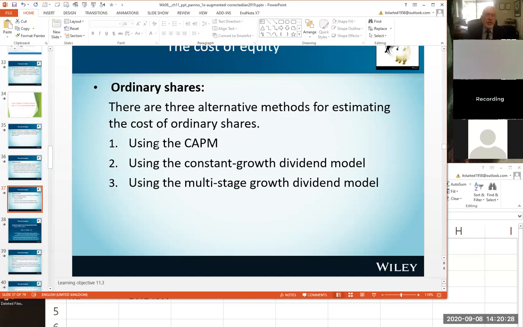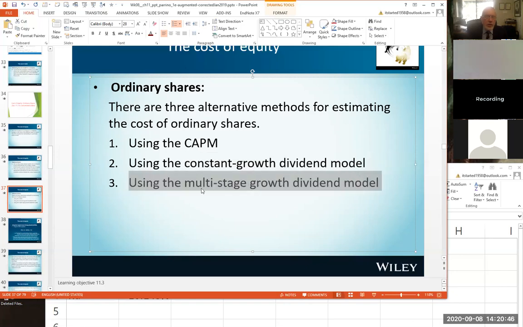So there are three possibilities: CAPM, capitalization assuming constant growth, which is just a variation of a capitalization approach, and an estimation working on a more complex pattern of growth.